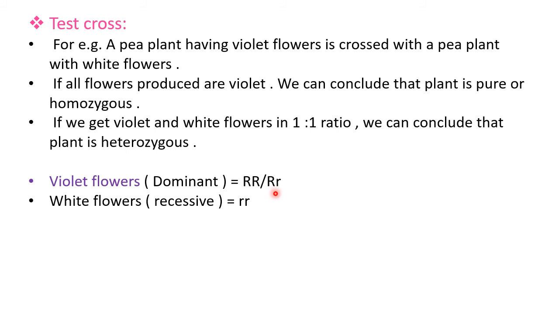So violet flowers may show either genotype, homozygous or heterozygous. Then white flowers are recessive and show the genotype small r, small r. We will study the process of test cross in detail with the help of a chart.